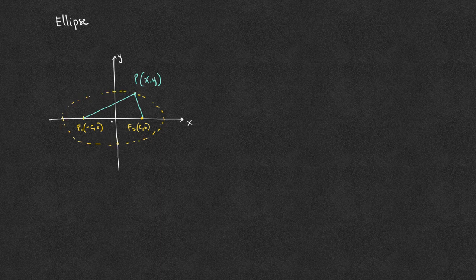In mathematical expression, this means P f1, that is the distance from the point P to f1, plus P f2, that is the distance from the point P to f2, is always a constant. In this case, we were told to use 2a. We need to find the equation for the ellipse.